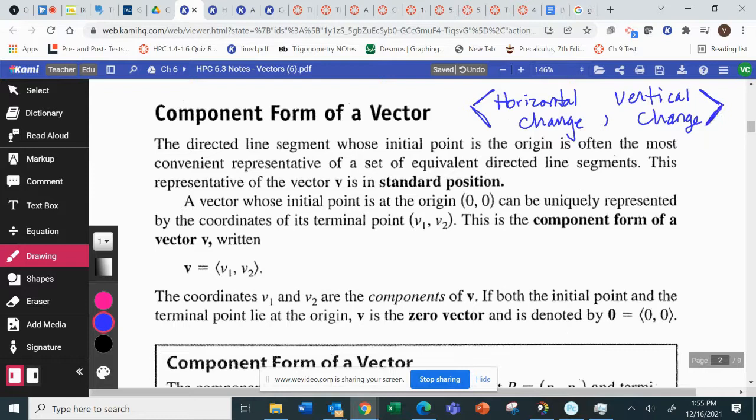And we're going to put it in chevrons, those little greater than, less than symbol kind of things. Those are called chevrons. So we're going to put the horizontal change, comma the vertical change, and that's from the starting point, the initial point, to the terminal point, from the starting to the end. Okay? And you know what that is?